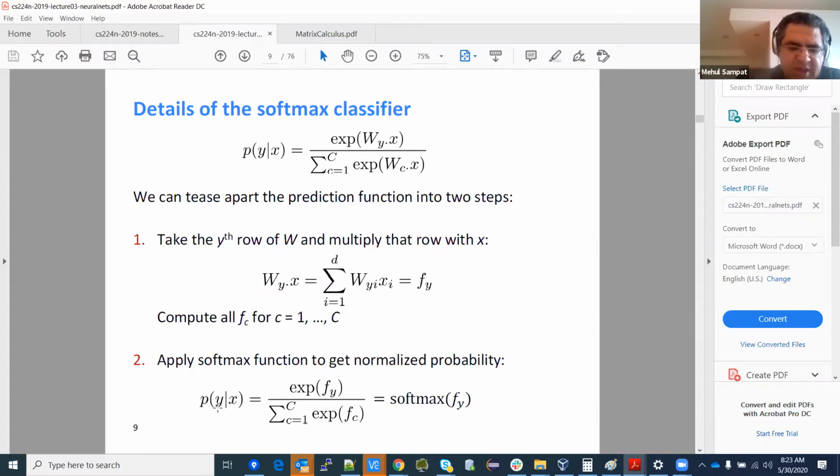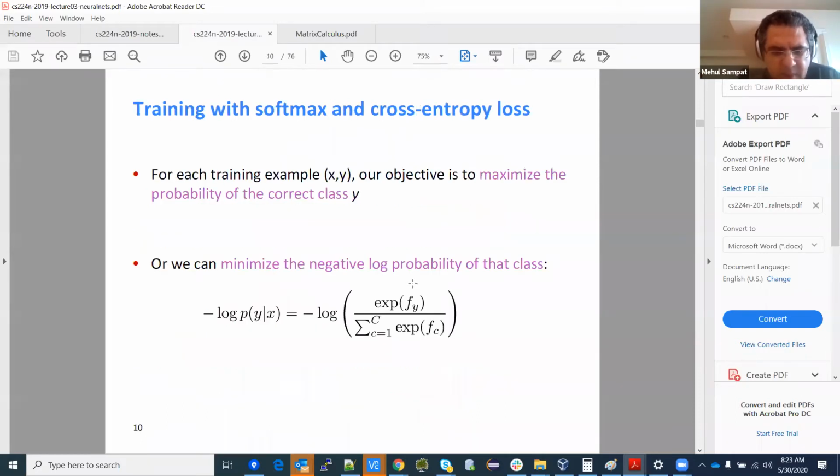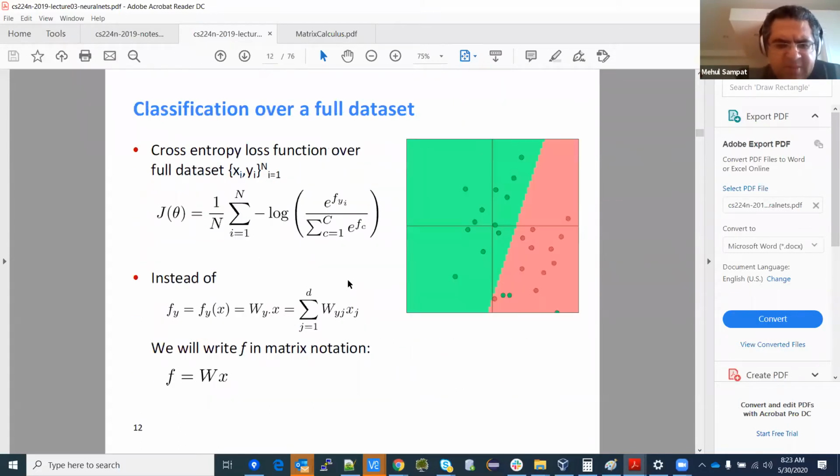So P of y given x, this is your Q. Sorry, this term is basically the negative log likelihood. So this will be your Q value.